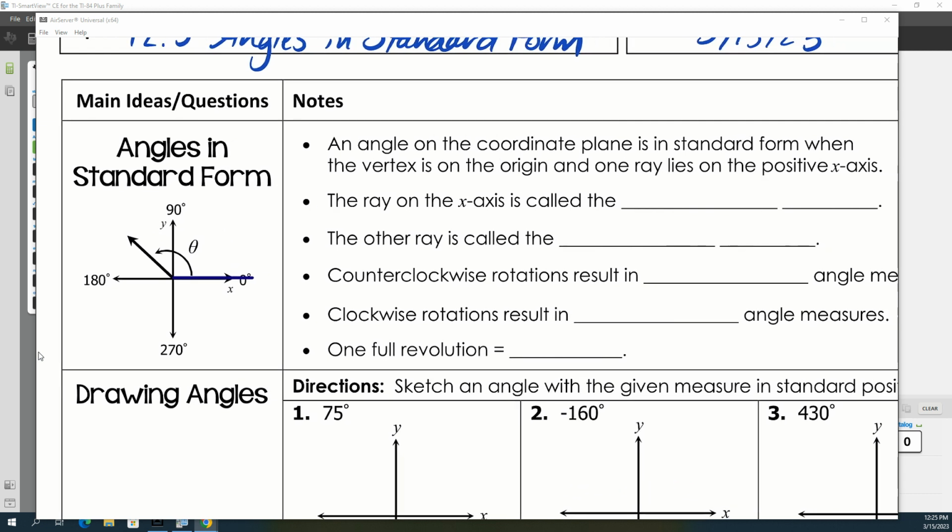So an angle in the coordinate plane is in standard position when the vertex is at the origin and one ray lies on the positive x-axis. The ray on the x-axis is called the initial side. And the other ray is called the terminal side.